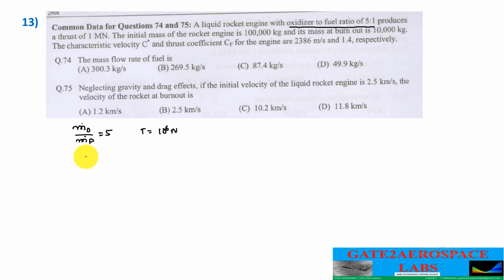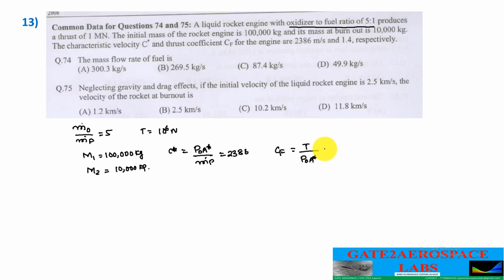The initial mass is given as 100,000 kg, and the final mass is 10,000 kg. The characteristic velocity, which is given as P naught A star divided by mass flow rate of propellant, is 2386, and CF, which is the ratio of thrust to P naught into A star, is given as 1.4.